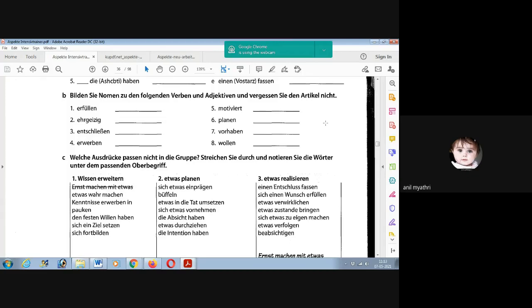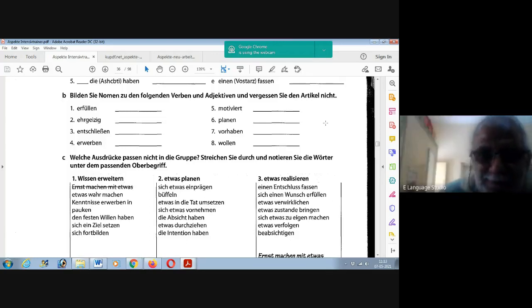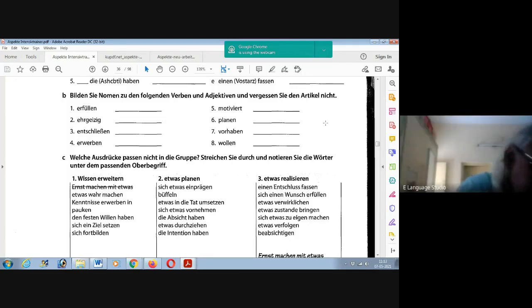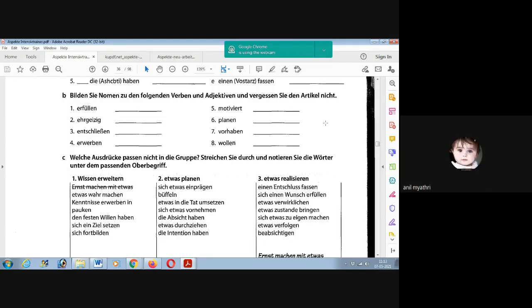Okay, motiviert. Now. Motivation. Demotivation. Words, nouns ending with tion, will be feminine. Yes. Okay. Their plan. Their plan is correct. Their Vorhaben.